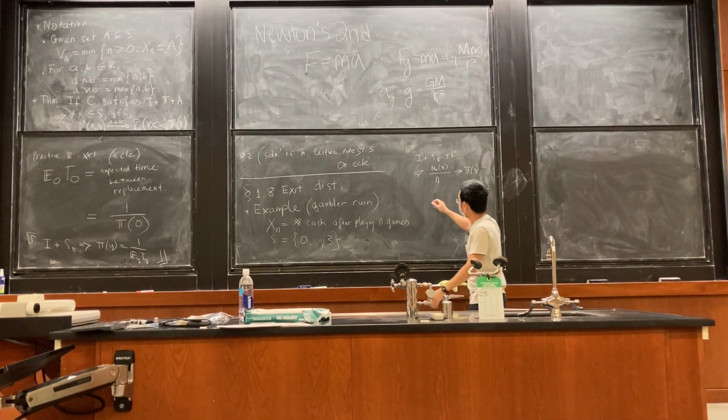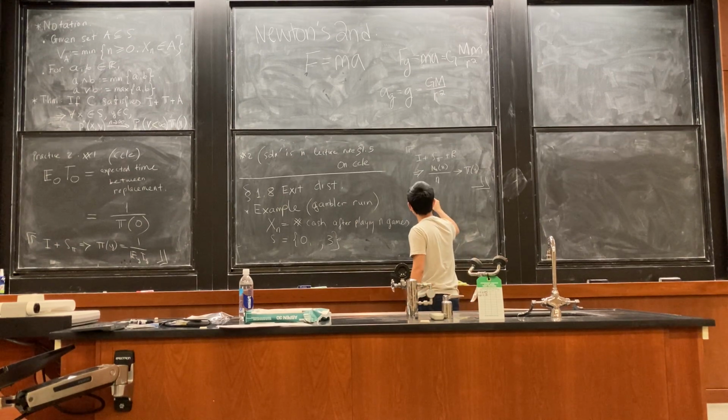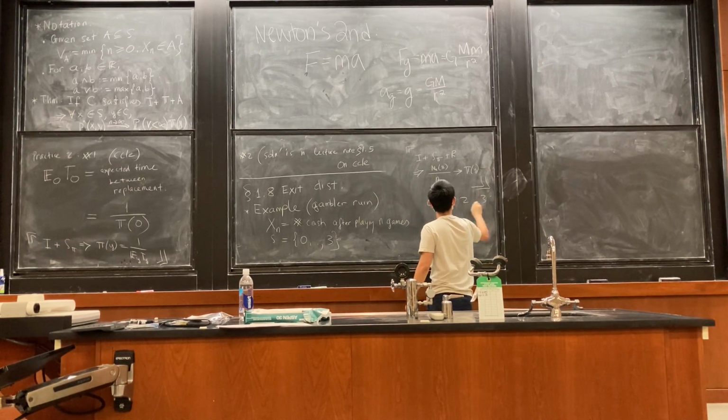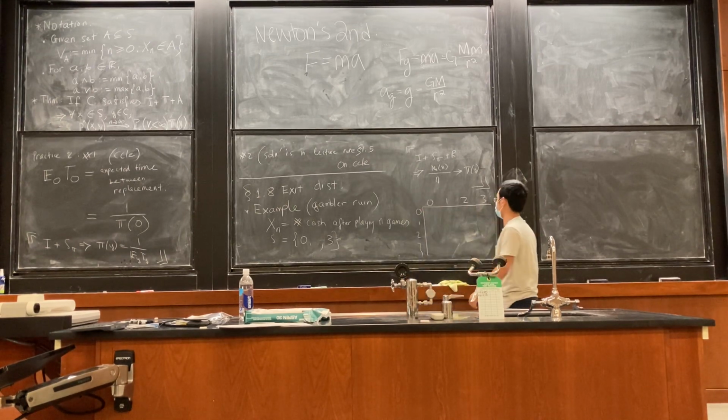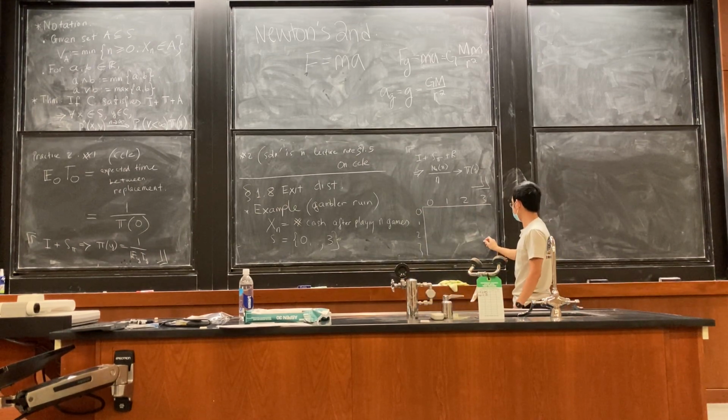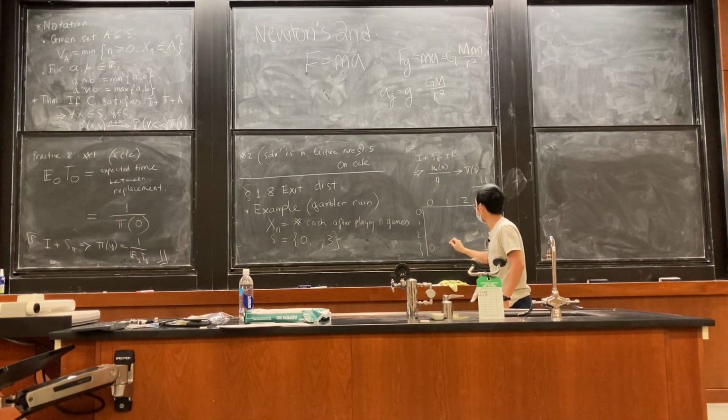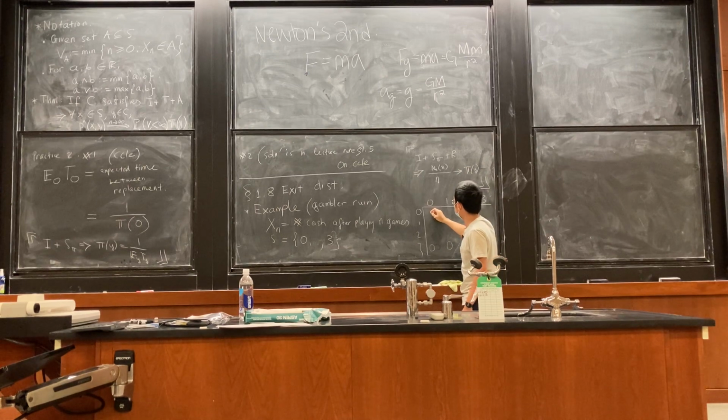So what is the matrix here? 0, 1, 2, 3. 0, 1, 2, 3. Alright. So this is 3 staying at 3 forever, and if I hit 0, I stay at 0 forever.